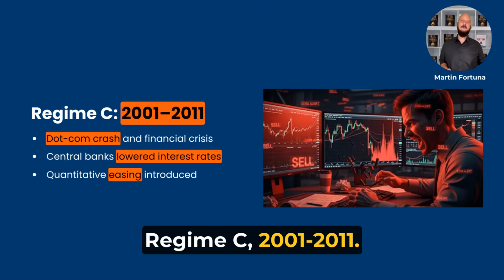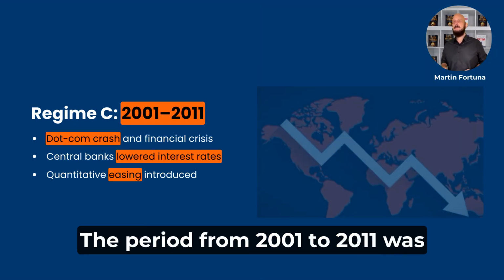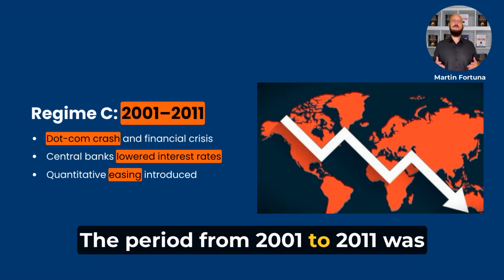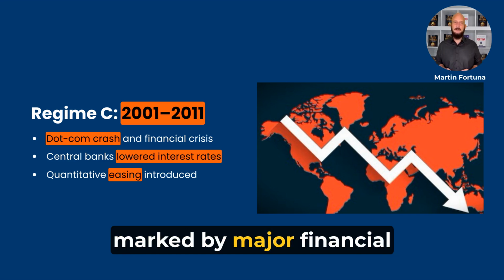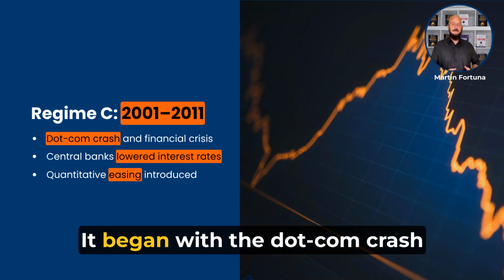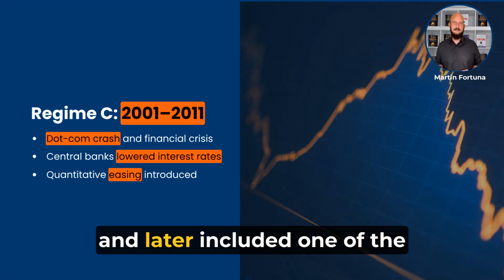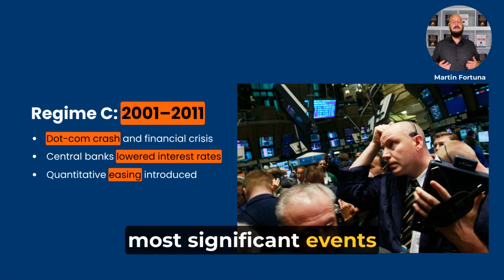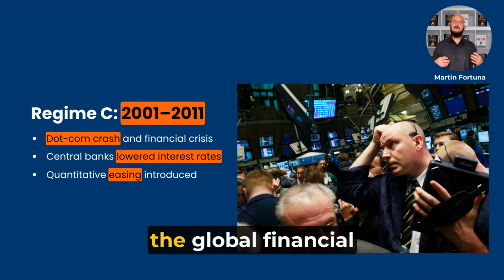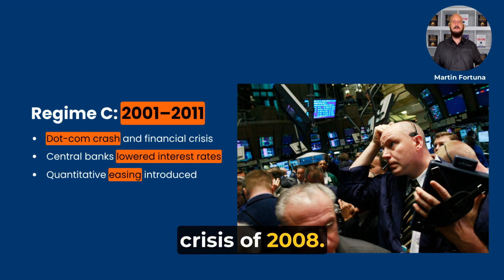Regime C, 2001-2011. The period from 2001 to 2011 was marked by major financial disruptions. It began with the dot-com crash and later included one of the most significant events in modern finance, the global financial crisis of 2008.